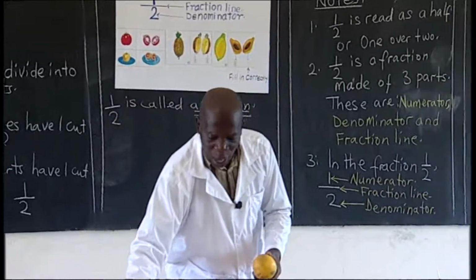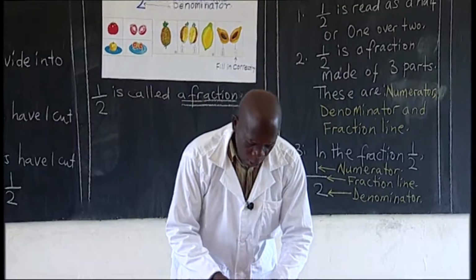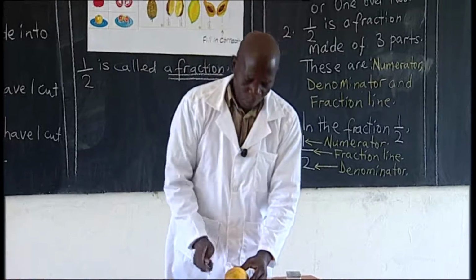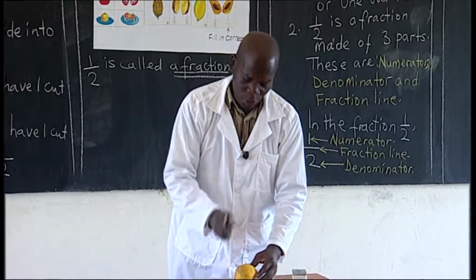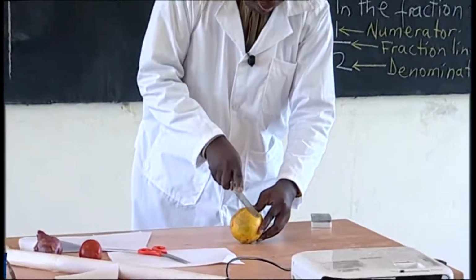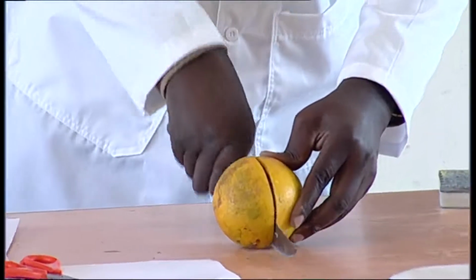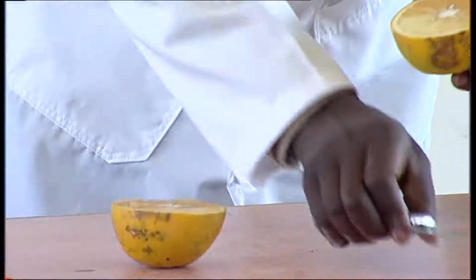Here we go. I'm now going to cut it. Look here properly. I get my knife. This is a knife, very sharp. And this is the orange. I'm going to cut. So, 1, 2, 3, go. Good.